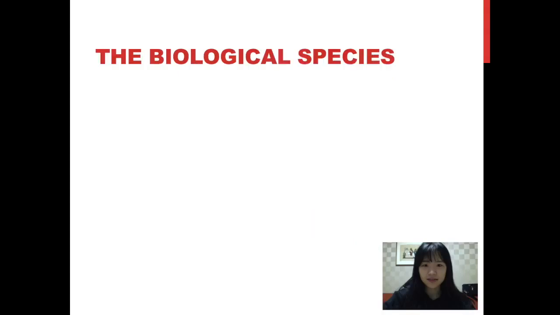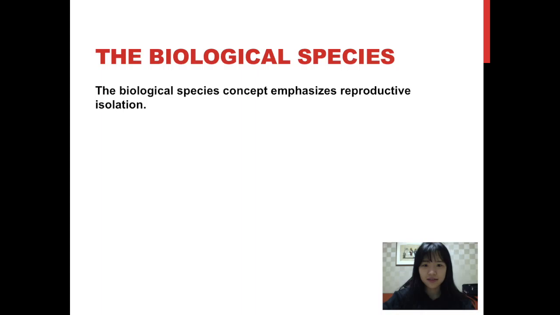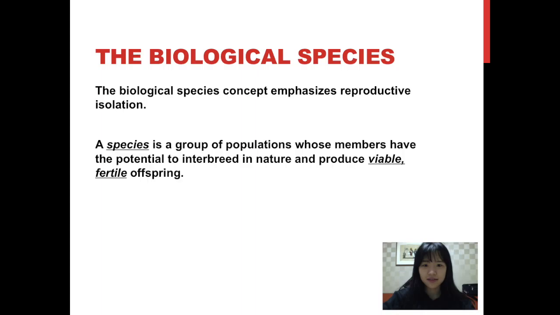The biological species concept emphasizes reproductive isolation. According to this concept, a species is a group of populations whose members have the potential to interbreed in nature and produce viable, fertile offspring. However, it does not produce viable, fertile offspring with members of other groups.